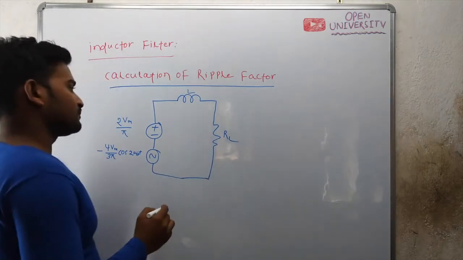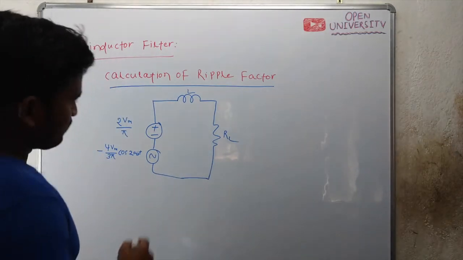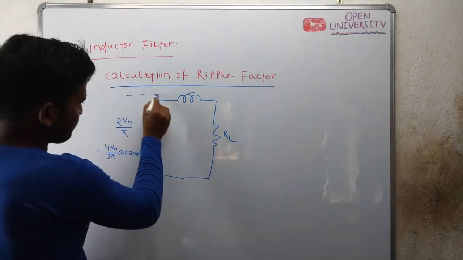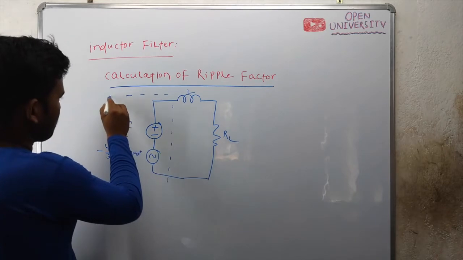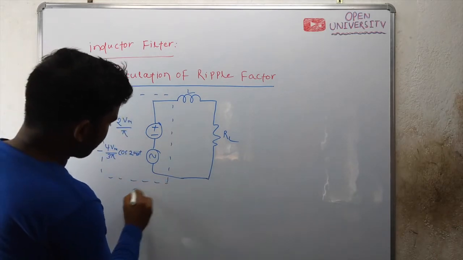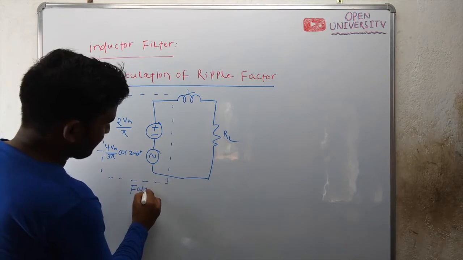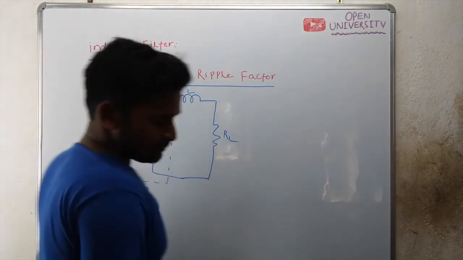This part is your center tap full wave rectifier, and this part is your inductor filter.